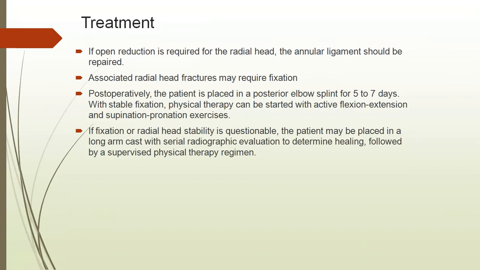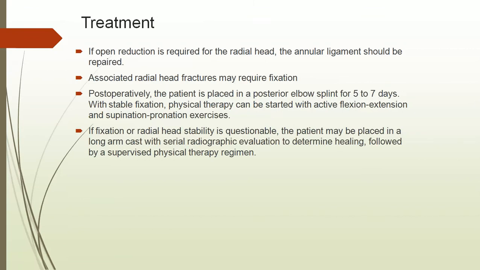Annular ligament. No, that is in case of Monteggia fracture, but the lower one third. I am asking about Galeazzi. Triangular fibrocartilage. Yes, triangular fibrocartilaginous ligament (TFCC). But here, in this case, annular ligament will be ruptured, so we must repair this.